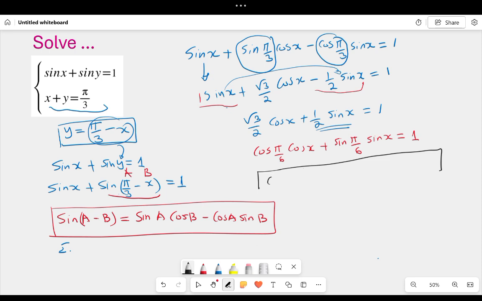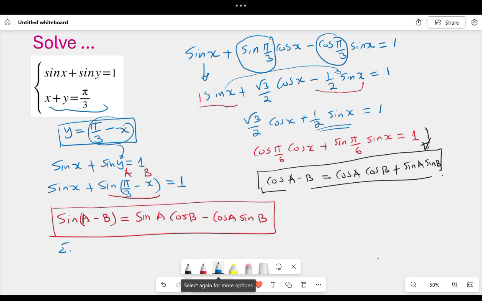If you have cosine of A minus B, it is simply equal to cosine A cosine B plus sine A sine B. So if we work what we have up here in the reverse way, we are actually going to find cosine pi over 6 cosine x plus sine pi over 6 sine x is equal to 1.